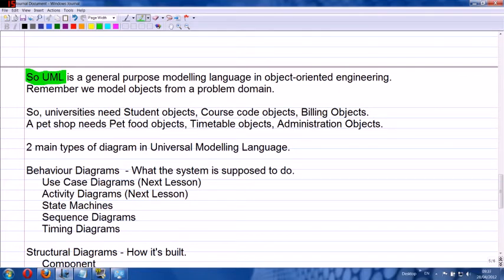Same for a pet shop. You need pet food objects, timetable objects, administration objects. You need all sorts, really. And then we might derive a student object with the whole form, with all the fields, and then you want to put in the bits.